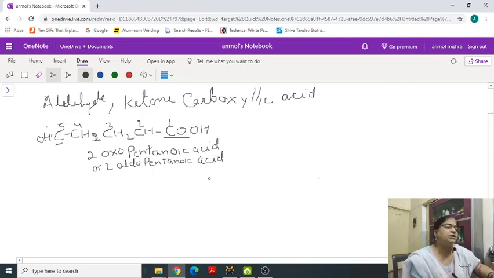Collectively we call it that. The second functional group is ketone. For ketone, the suffix used is -one, or the general IUPAC name is alkanone.